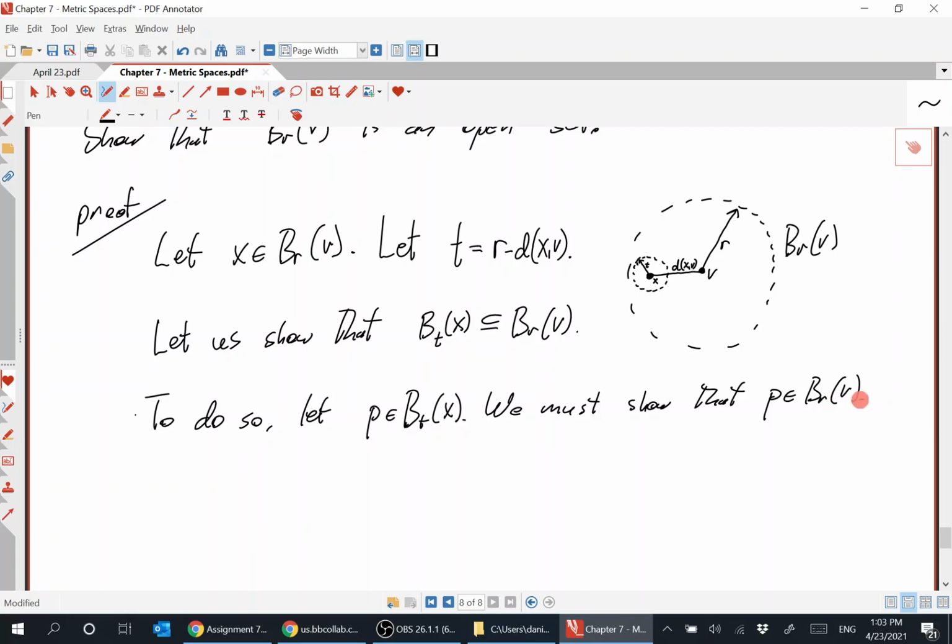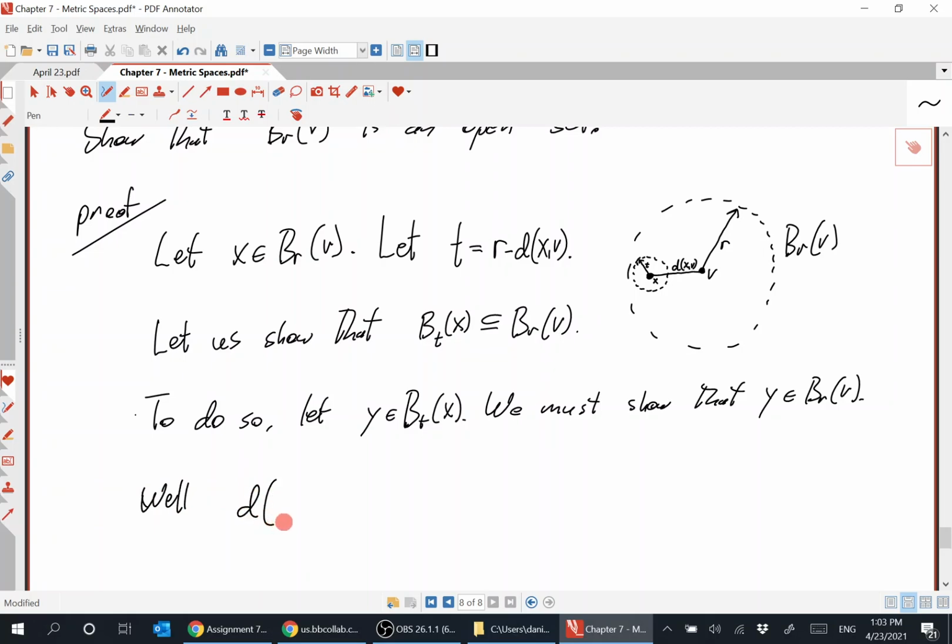What governs the ball of radius R around V? I guess we could use Y. Let's use Y. What makes something in the ball of radius R around V? There's only one property that defines that, which is that the distance from Y to V is less than R.